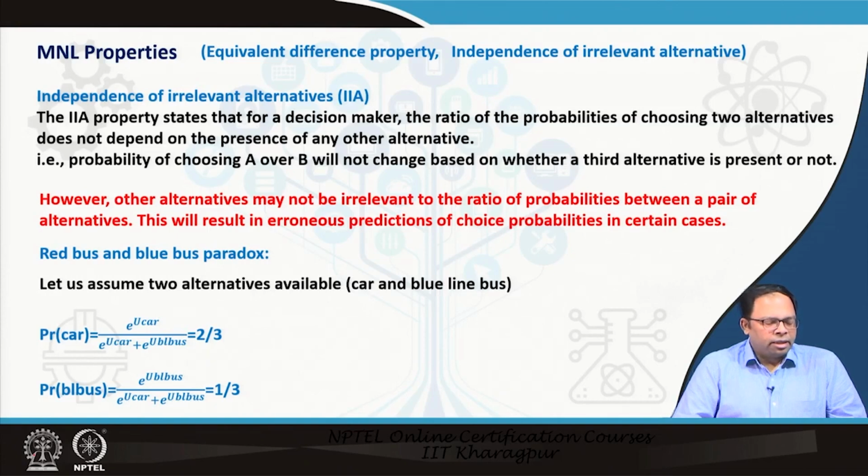When we apply the logic of the MNL model, the probability of car is e to the power utility of car divided by e to the power utility of car plus e to the power utility of blue line bus. It is given as 2/3, whereas for the blue line bus it is 1/3. So the division between these two modes is 2/3 and 1/3.